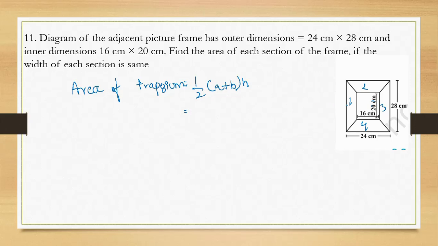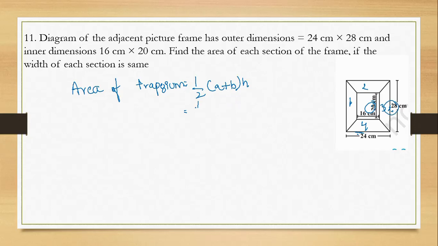For the first and third, one parallel side is 28, another parallel side is 20.